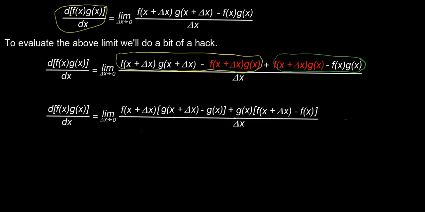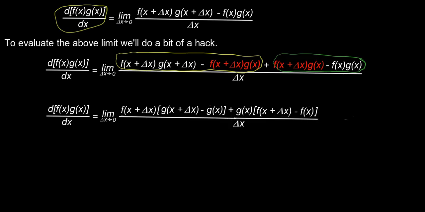That's what I have. So I'm evaluating the limit of that fraction, which looks about every bit as complicated as the original fraction. But we're going to break it up, and it's going to come out to something nice, I promise. One thing that we see in this fraction is that in the numerator we have a sum of two products.